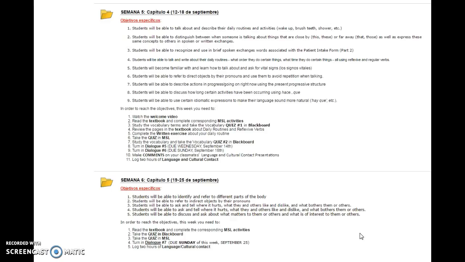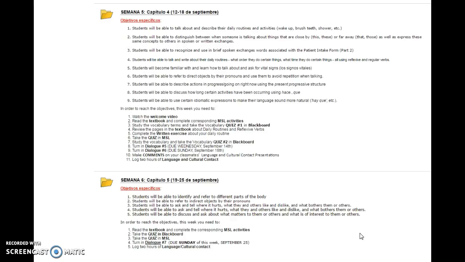And so you'll see that the dislike and likes, the pleasing to or displeasing to, the bothersome to, the interest to, those all require indirect object pronouns. So you're going to be learning verbs that are like gustar, where they will take that indirect object pronoun.